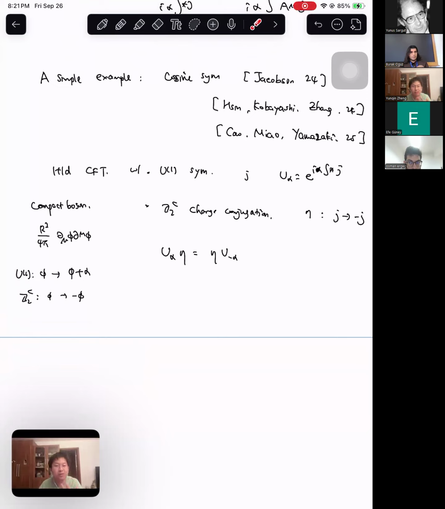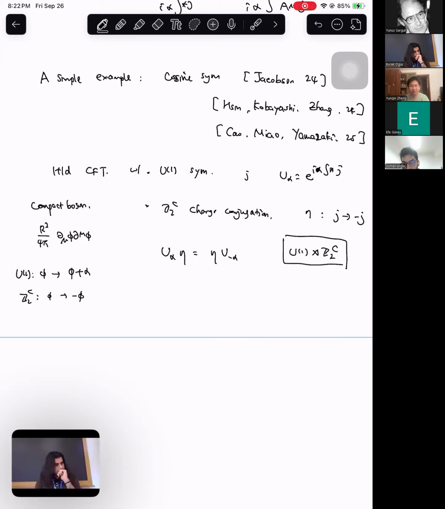The total symmetry is not U1 times Z2, but it's U1 semi-direct product Z2. It's just a statement that the symmetry group is non-trivial, not a product group. It doesn't say anything about the anomalies. Okay, sorry.